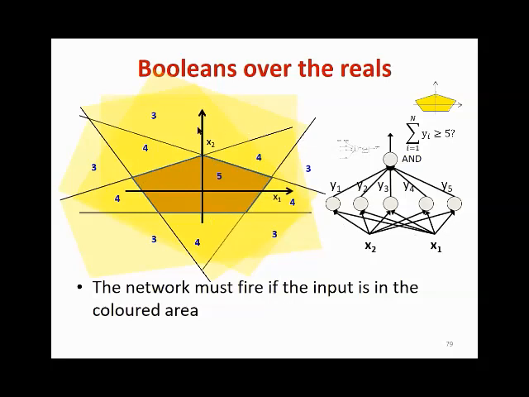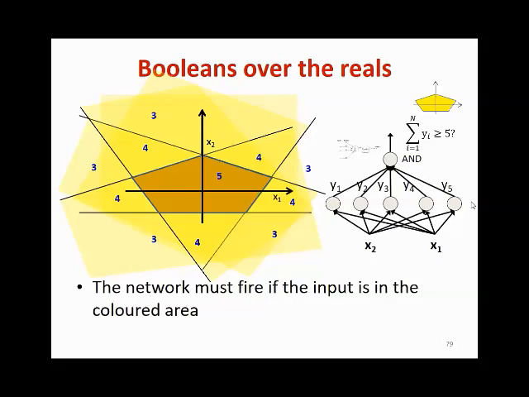So if you summed the outputs of the 5 perceptrons, the sum is going to be a 5 only within the pentagon. Everywhere outside, it's going to be less than a 5. And now if I have a final AND gate, which applies a threshold of 5 to the sum, that is going to output a 1 only within this pentagon and 0 elsewhere.